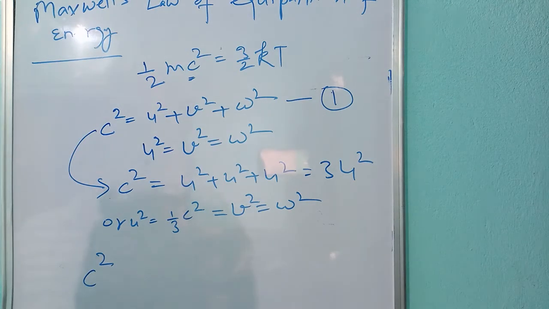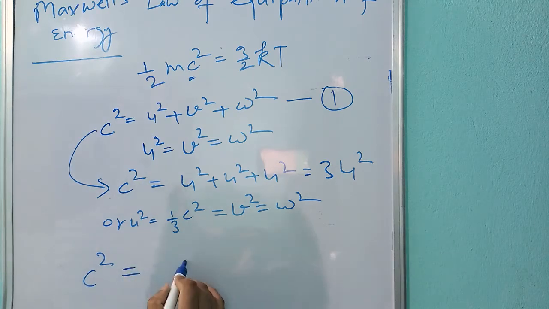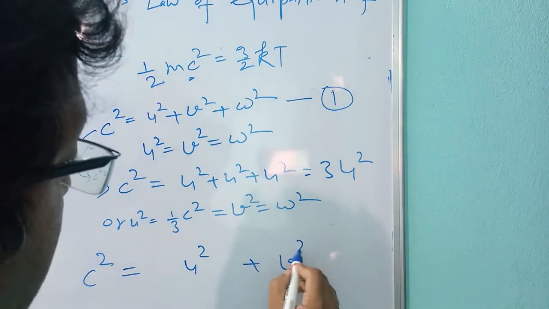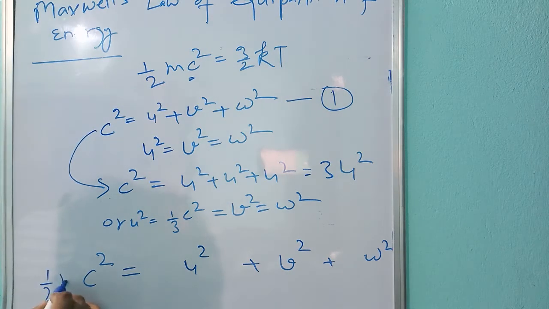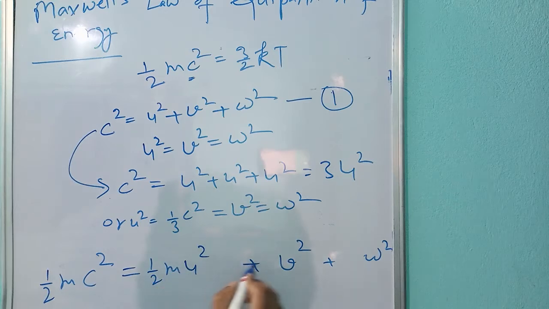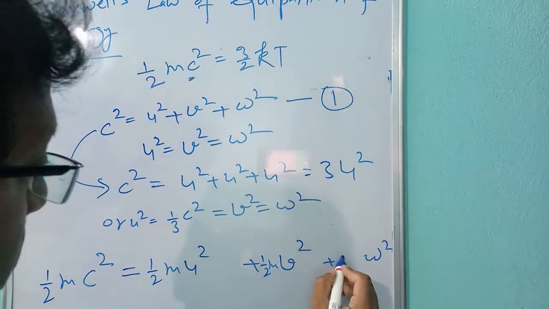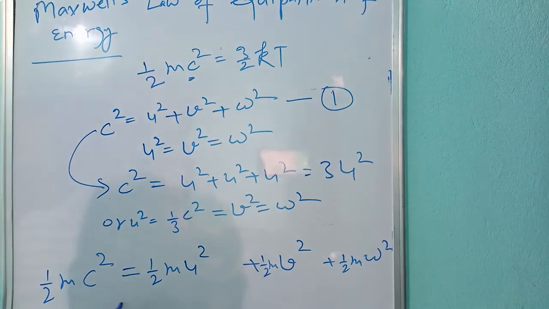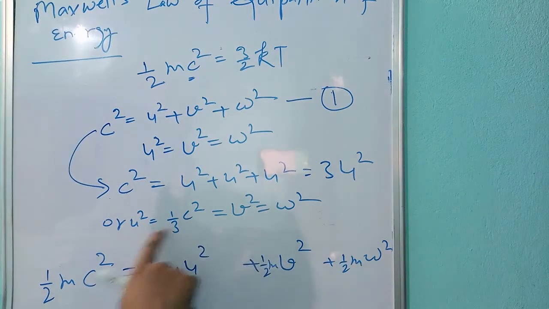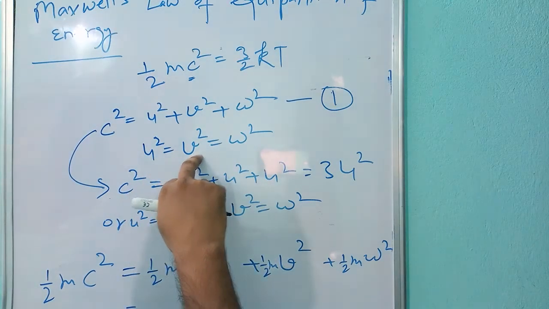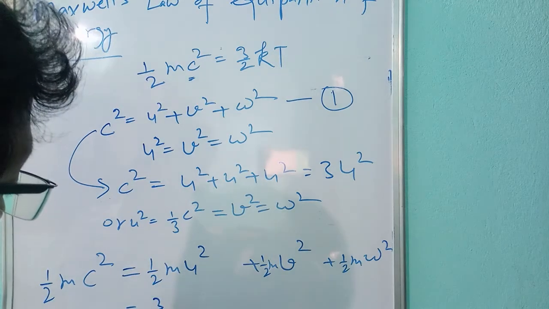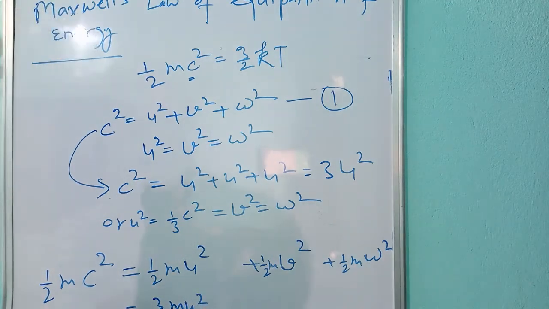If I put c square is equal to u square plus v square plus w square, and if I put 1 by 2 m everywhere, then from this equation, since u square is equal to v square is equal to w square, it will be equal to 3 by 2 m u square, and it will be equal to 1 by 2 m c square.